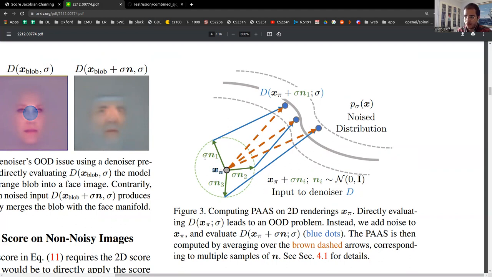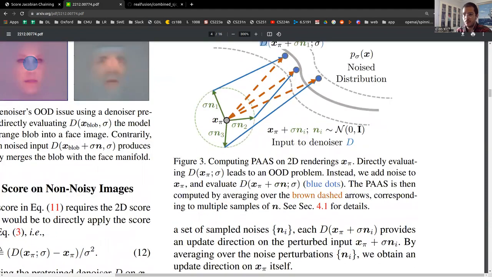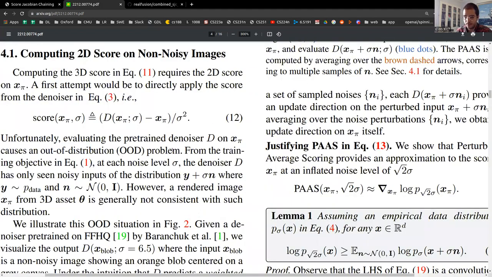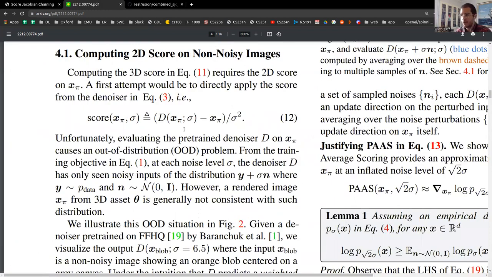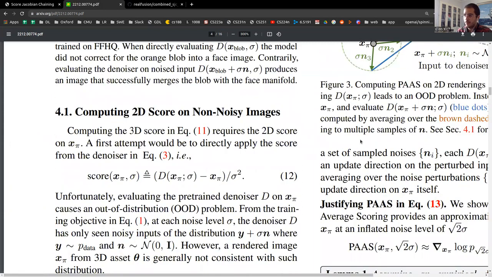I add a little bit of noise to it, and I denoise it using my denoiser, and I basically follow this green line to add a little bit of noise, and the blue line to denoise it. So I end up here. And doing this once causes the problem of out of distribution, while following these two steps.